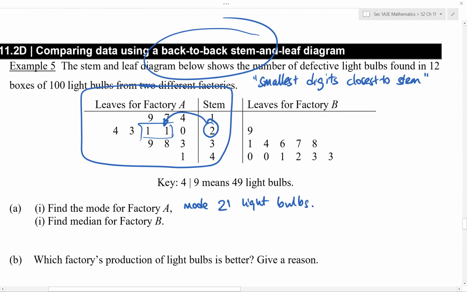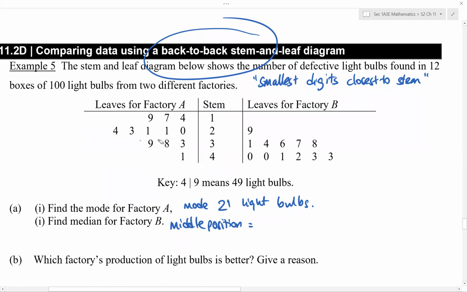Find the median for factory B. So middle position. We have a total of 1, 2, 3, 4, 5, 6, 7, 8, 9, 10, 11, 12. 12 plus 1 over 2.